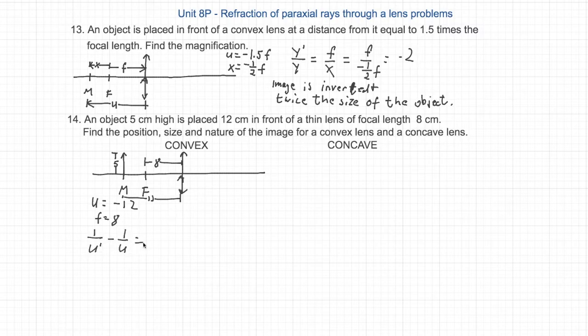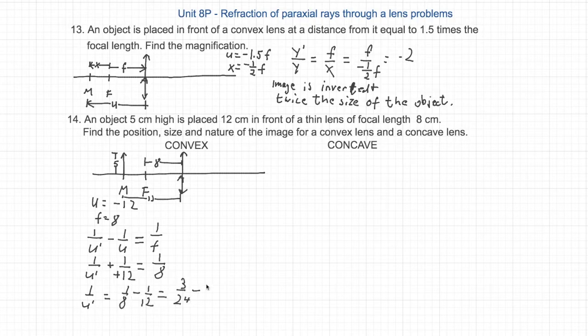And we'll plug into our lens formula. We'll use 24 as our common denominator and find that u prime equals 24 centimeters. So it's on the right side, a positive number measured from left to right.